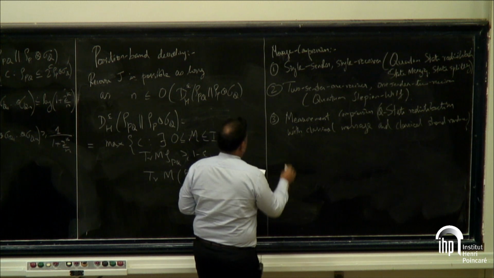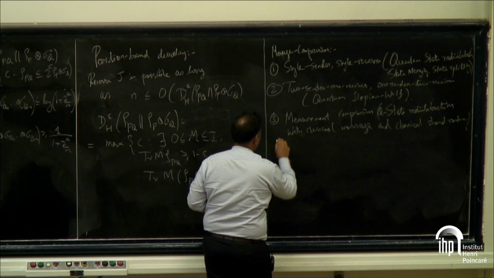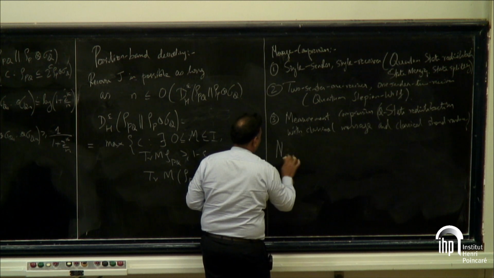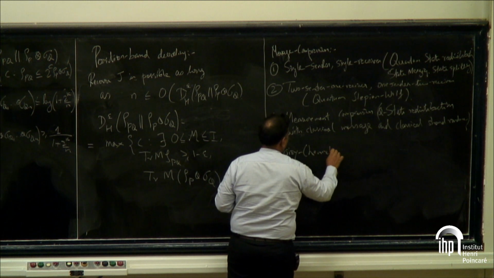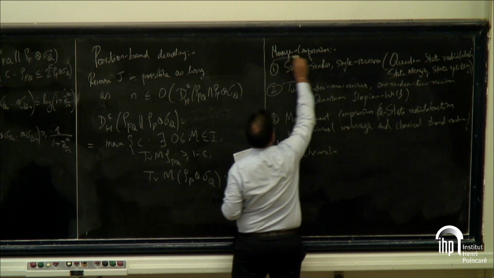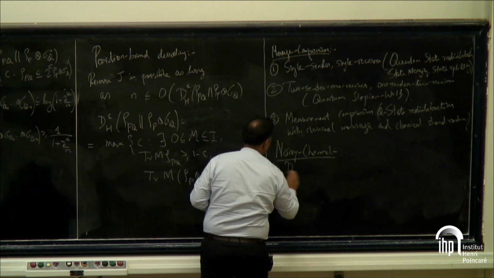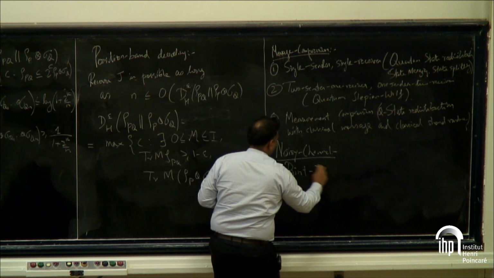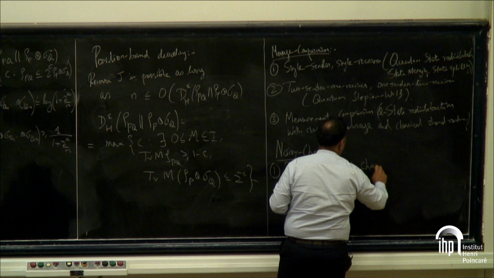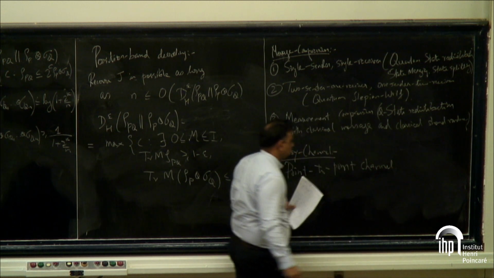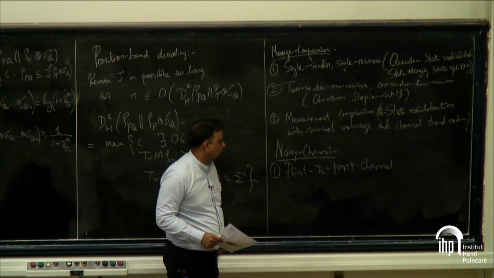And this is just for the ideal channel setting, no noise. For the noisy channel, the regular point-to-point channel, here we get optimal bounds in the one-shot setting with known converse.